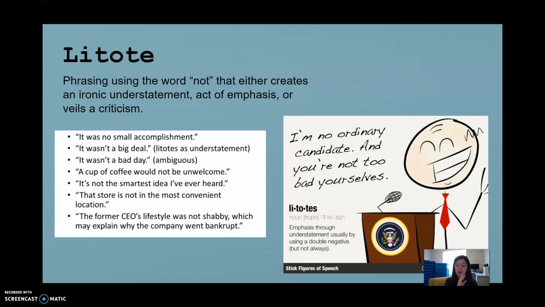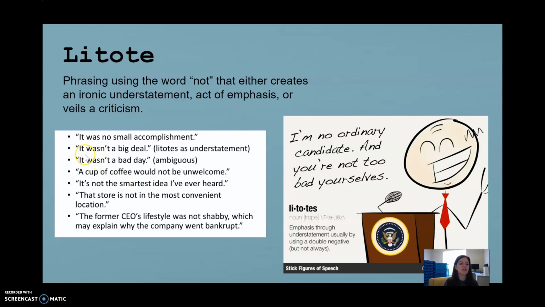The reason people use this extra wordage is to be ironic, to emphasize, or to veil a criticism. So for this first one, I think the purpose is an active emphasis, where they're emphasizing that the accomplishment was a big one.